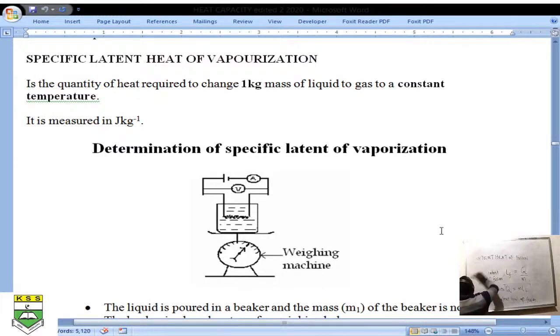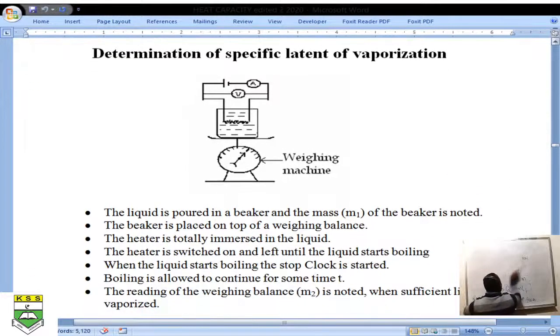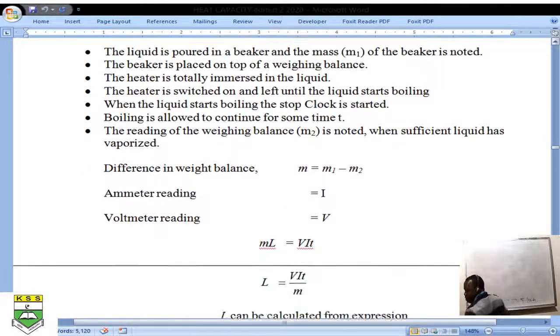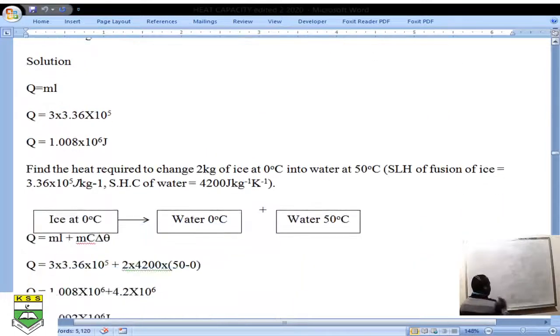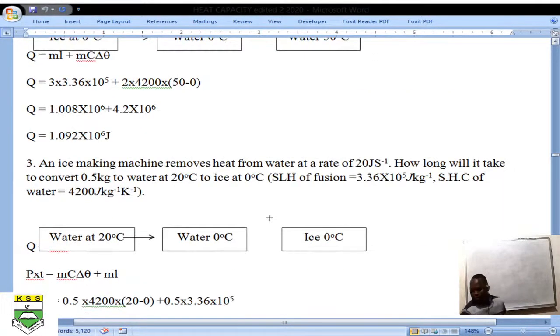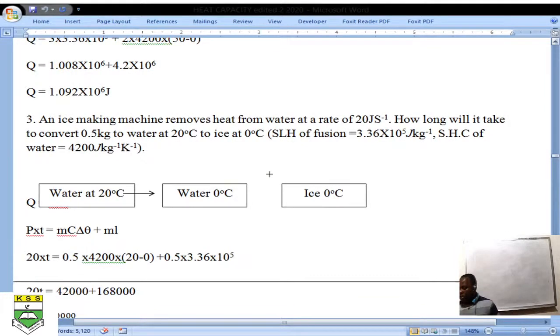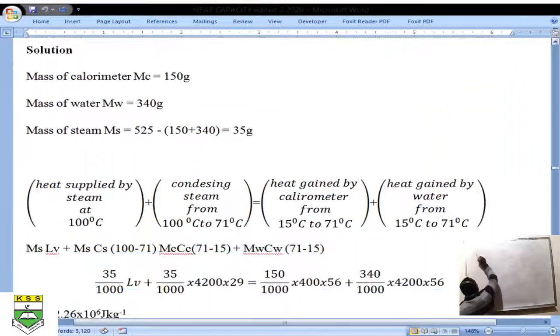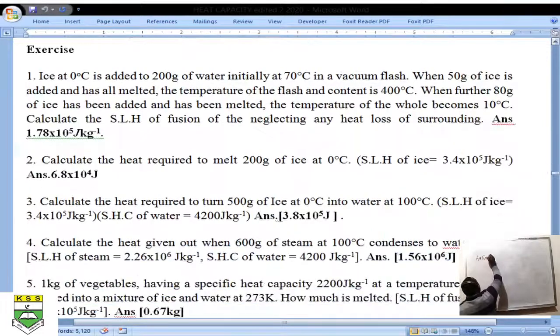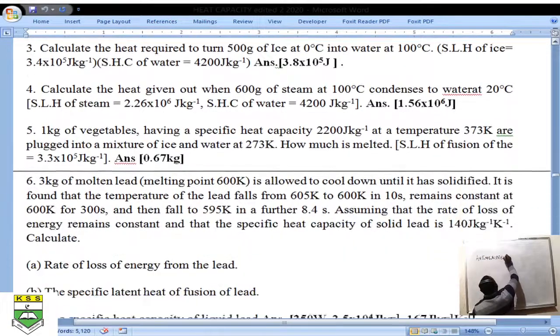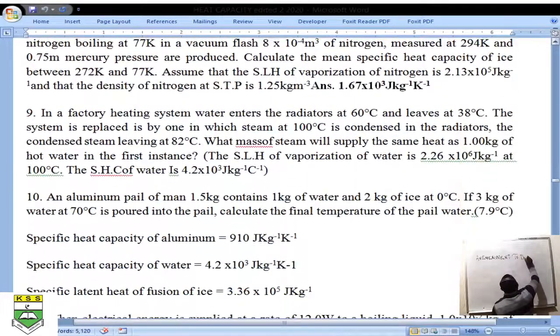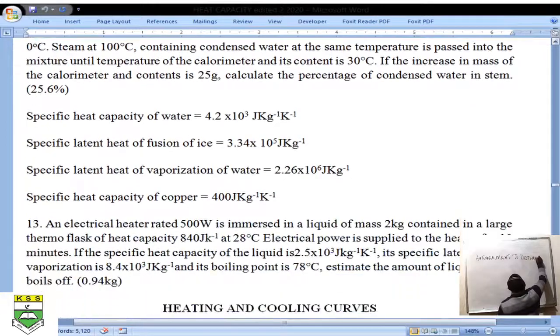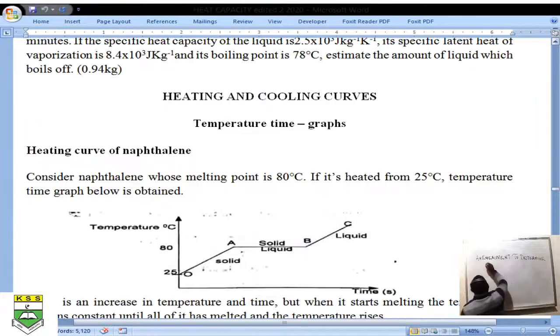The diagram is missing, but I'm trying to draw it for you here, an experiment to determine the specific latent heat of fusion.